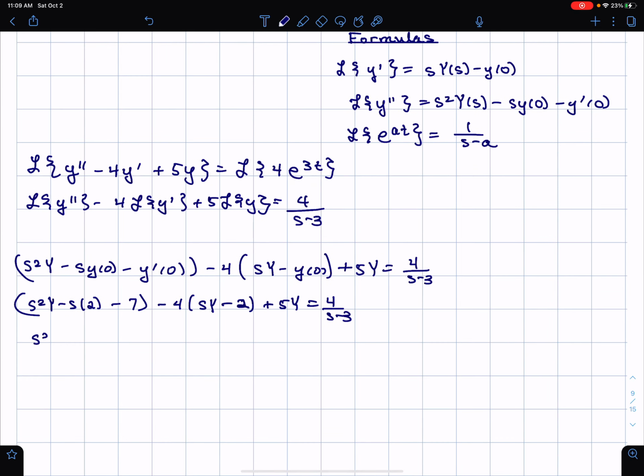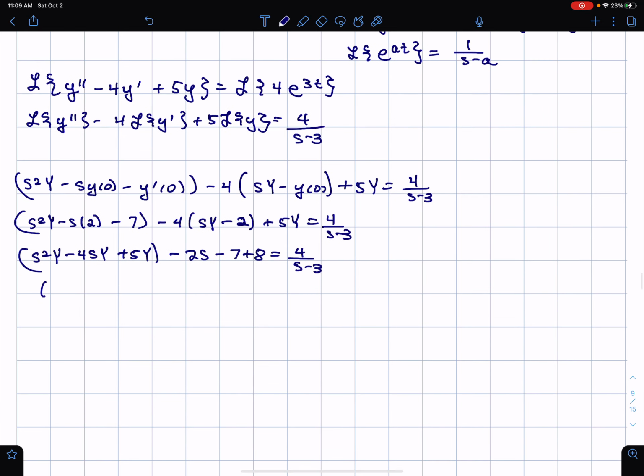So I'll have s squared Y. I'm going to group the terms that have Y, and then I'll group the terms that don't have Y. So I'll get (s squared minus 4s plus 5) Y equals, so negative 7 plus 8 is 1, so this will make 2s minus 1, plus 4 over s minus 3.